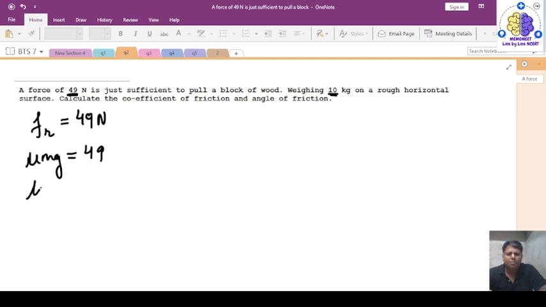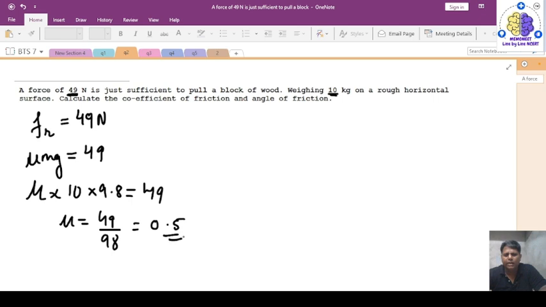So mu into m, which is 10, and here let's take g as 9.8, is equal to 49. So from here we'll get mu is equal to 49 upon 98, which is equal to 0.5, right? So the coefficient of friction mu is equal to 0.5.